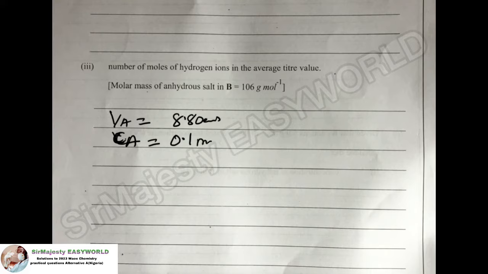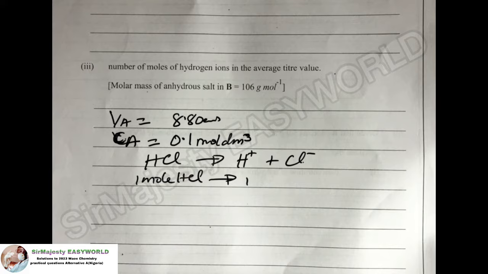Therefore, this 0.1 means the amount in 1 dm cube. So first of all, you have to know the acid involved. The acid itself is HCl. Dissociate it, you have hydrogen plus chloride ion. So this means that 1 mole of HCl will automatically give us 1 mole H plus.